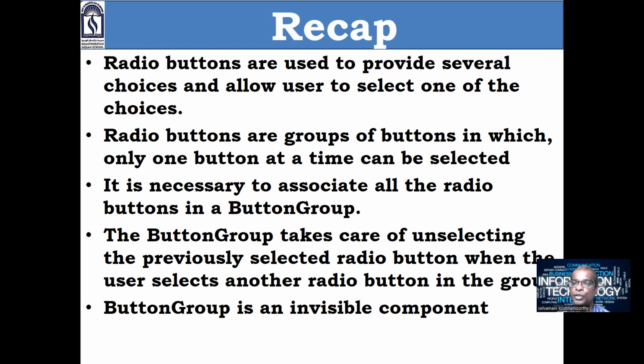Both should be associated with button group 1. The button group takes care of unselecting the previously selected radio button when the user selects another radio button in the same group. Whenever we select male, female is deselected. When we select female, male is deselected. Button group is an invisible component. We added button group in the form, but it is invisible. It does the work that we studied.